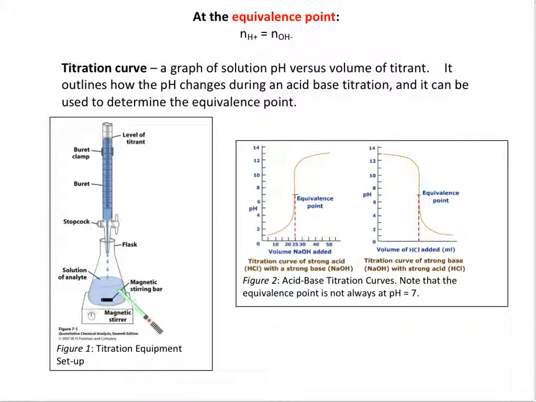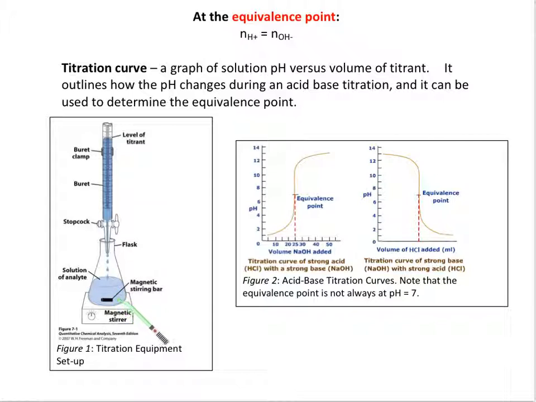Depending on what solution you were trying to find the concentration of, say instead you were trying to find an acid, you would have the acid in the Erlenmeyer flask, and you would put the base, of which you know the concentration accurately and precisely, in the burette. But for this situation, you've got your burette filled with acid of a known concentration, and you're going to add that acid until you reach a certain point known as the equivalence point.